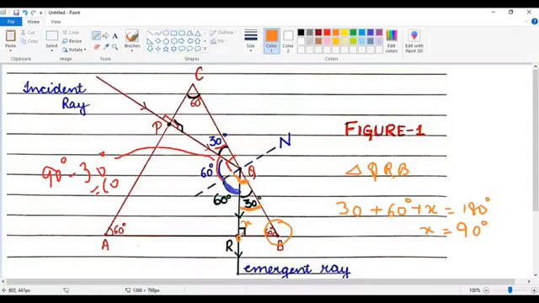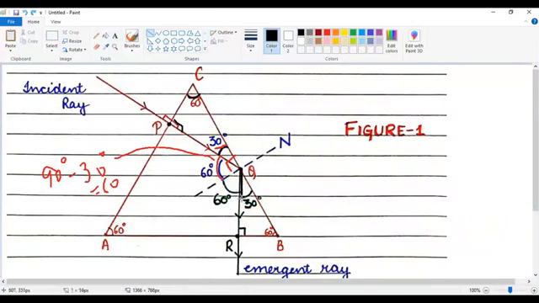Now see what happens at point R. At point R, the ray of light is again coming from denser to rarer medium, so the first condition of TIR is satisfied, while here the angle of incidence is not 90.